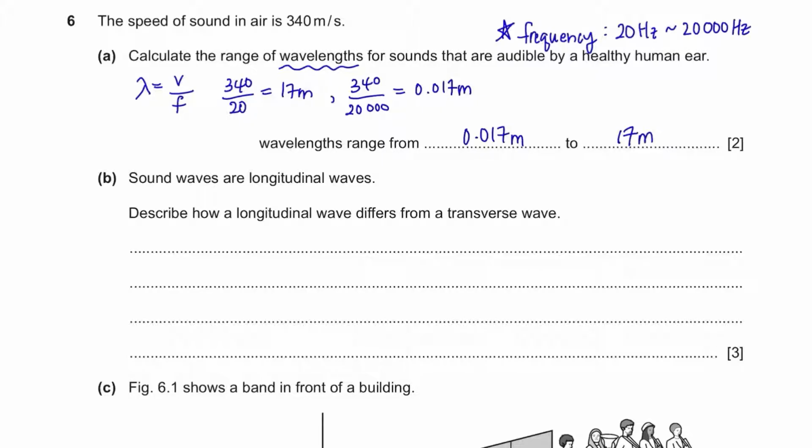Part B. Sound waves are longitudinal waves. Describe how a longitudinal wave differs from a transverse wave. For longitudinal waves, like sound waves, their vibration direction is parallel to propagation or the energy travel direction.